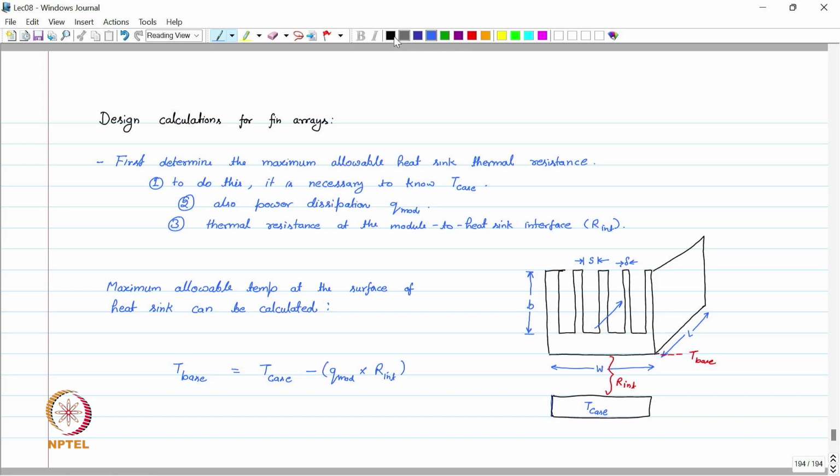So this is the formula to calculate the temperature at the surface of the heat sink.